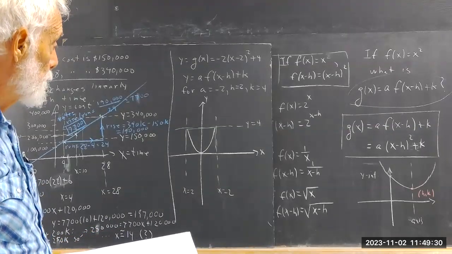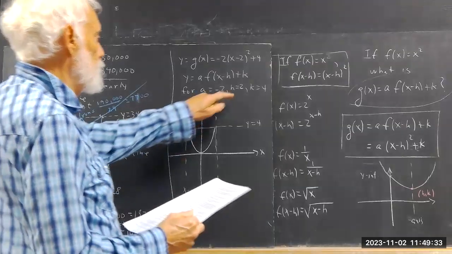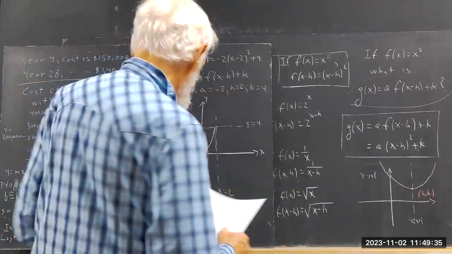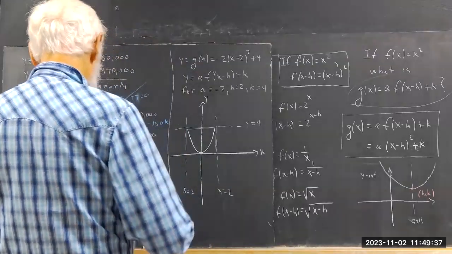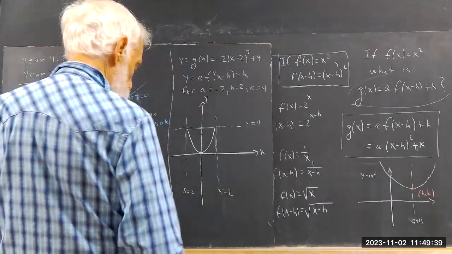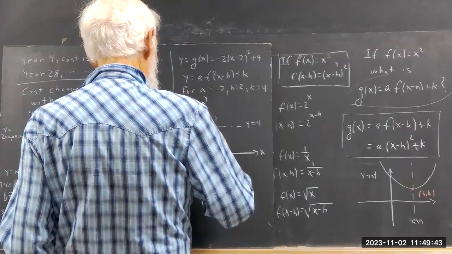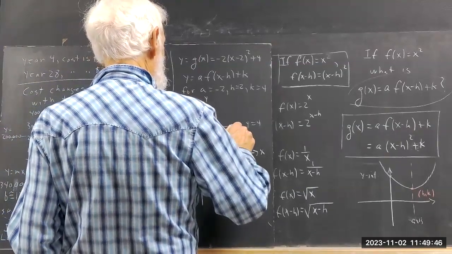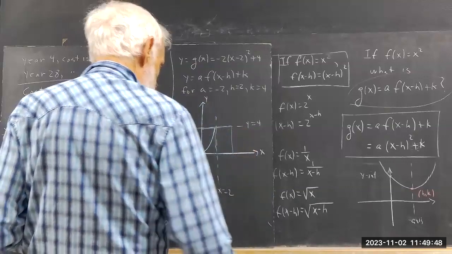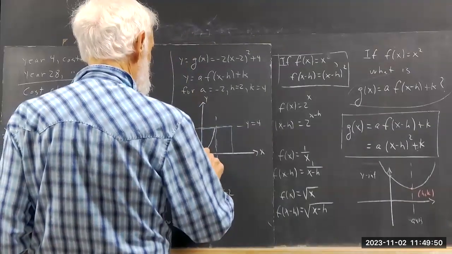Then what are our transformations? Well, we horizontally shift 2 units. So we go horizontally 2 units, meaning we move our red dot over 2 units.